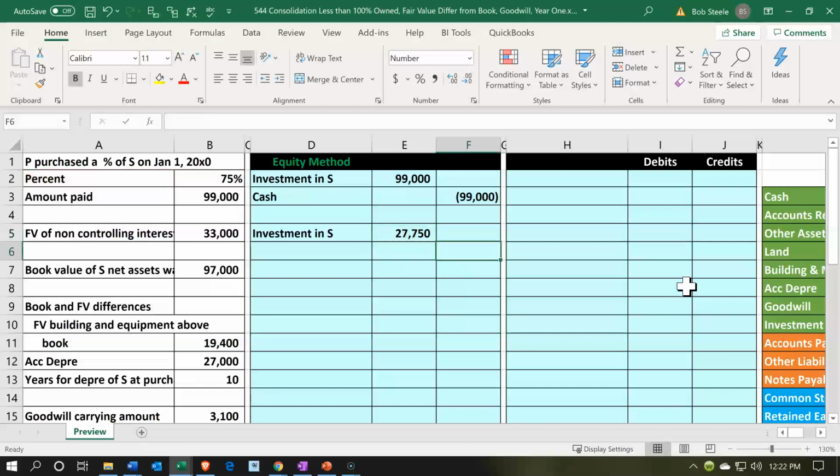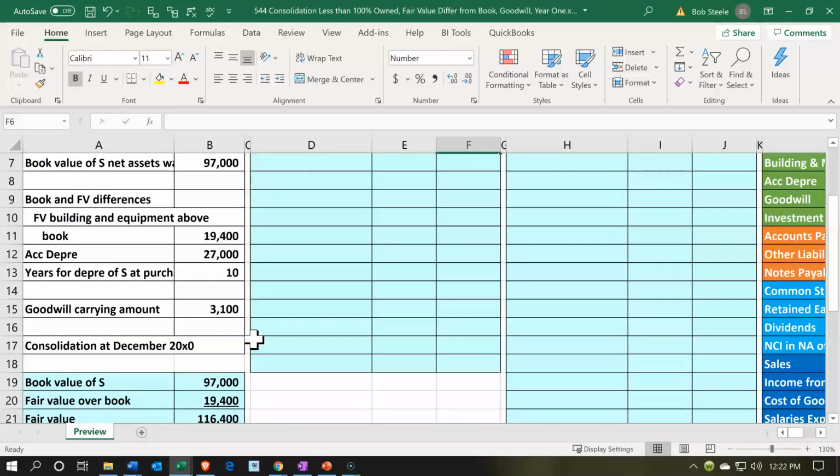Now, that's too high after consolidation, because we know that there's going to be a problem with this book value being higher at the point of time of purchase of the equipment, which is going to result in depreciation. And we also know that there's an impairment of goodwill, which is going to result in an effect on the income statement as well.